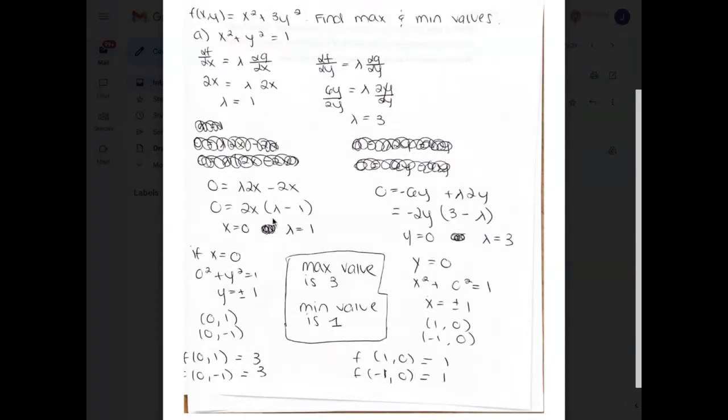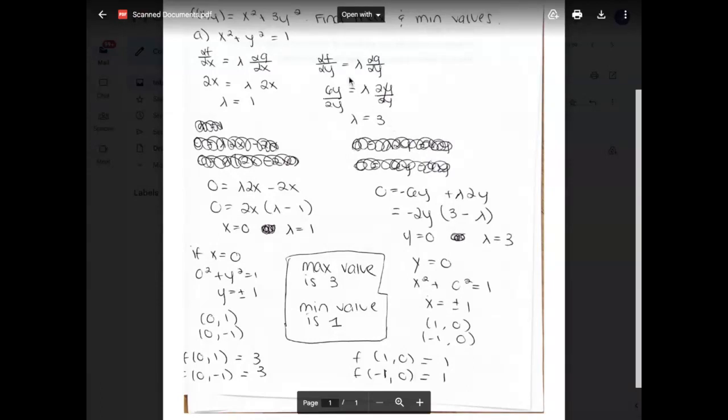Factoring out the 2x, I got then 2x times (lambda minus 1). So I got x is equal to 0, and then lambda is equal to 1. Is that okay so far? Yes. Okay. And then I did partial f, partial y.